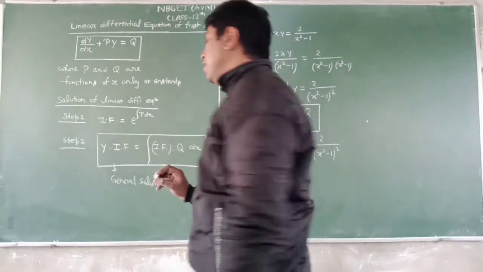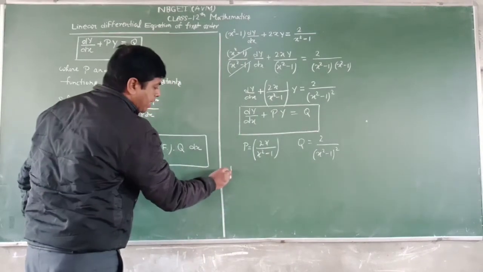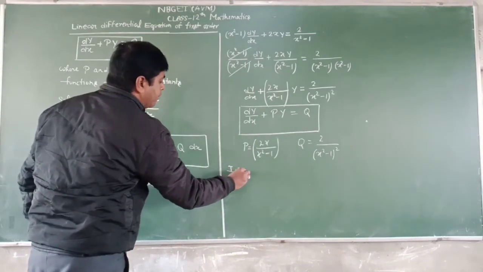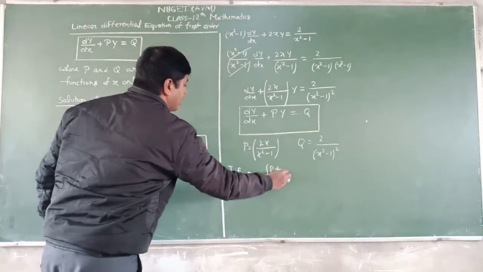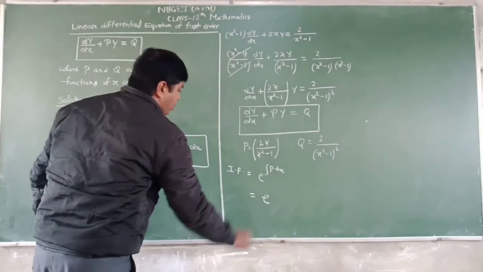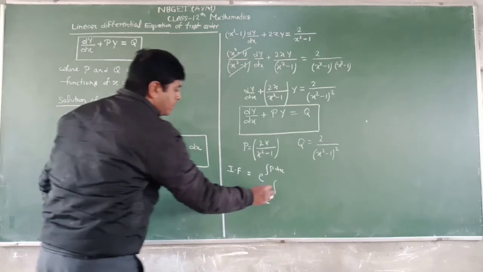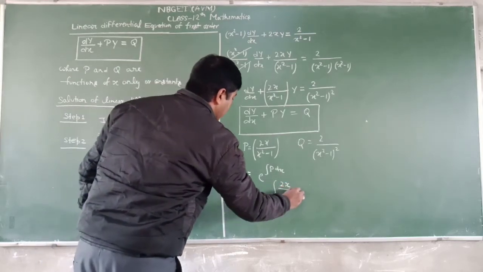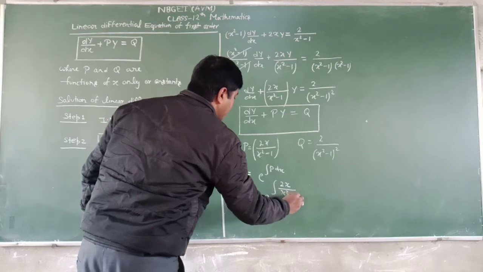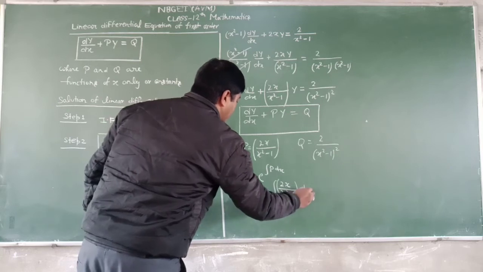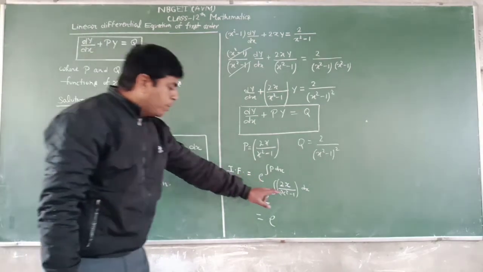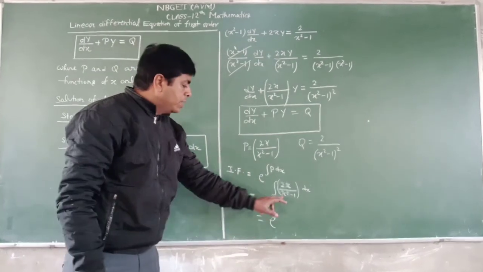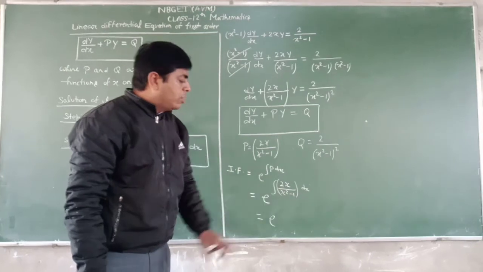Now move on to finding the integrating factor. As you know, the integrating factor is equal to e to the power integration of P dx, that is e to the power integration of 2x/(x² − 1) dx. Now for integration of 2x/(x² − 1), we can apply the method of substitution.